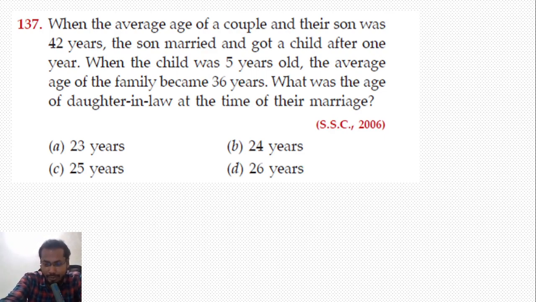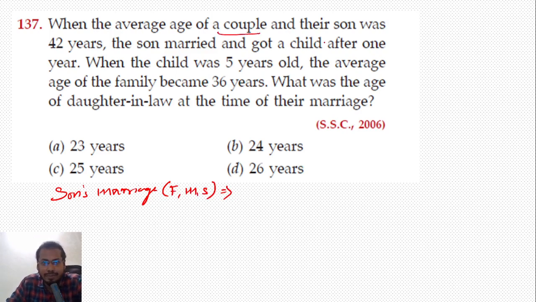So I will write one by one. So please listen. First thing is, father, mother, son at the time of the son's marriage. Okay, so the son's marriage, 3 persons, father, mother and son, the age.